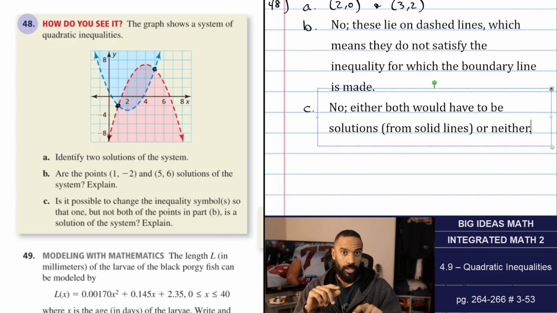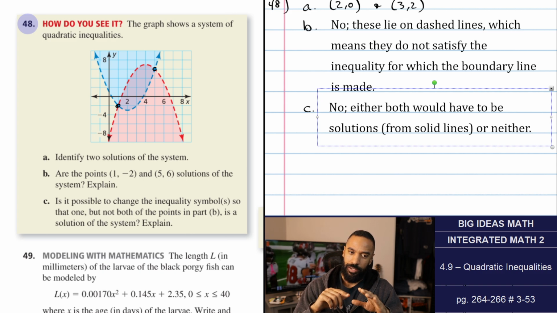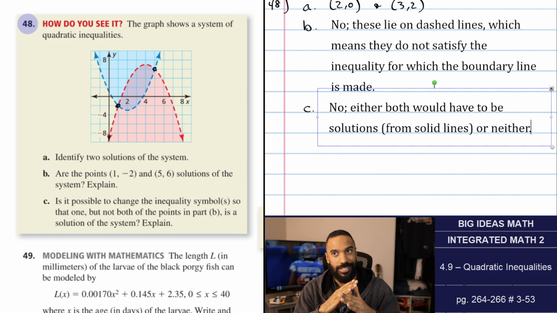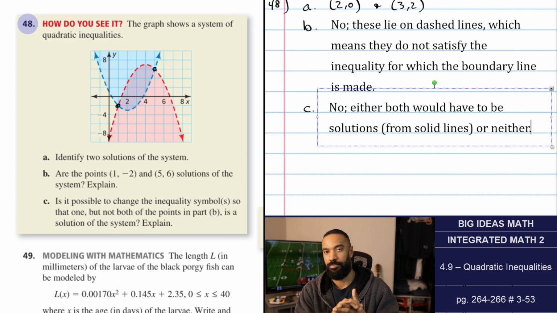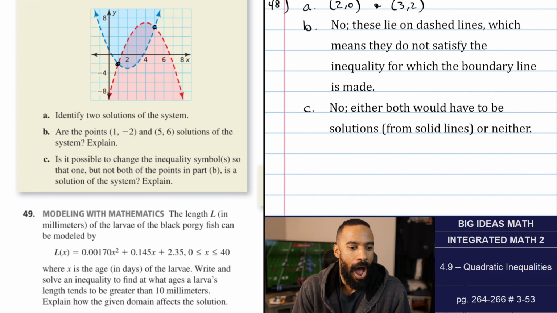They'd both have to be solid lines. You couldn't have one dotted and one solid. If a dashed line intersects with a solid, it's not part of the solution to the system. It needs to be both. Okay.